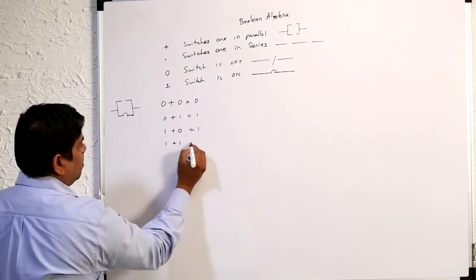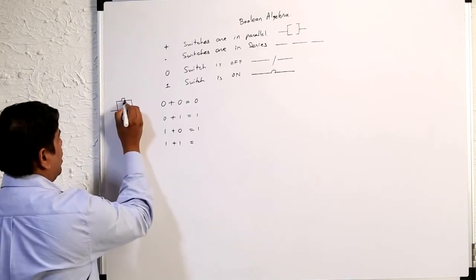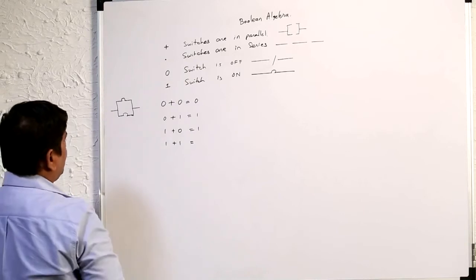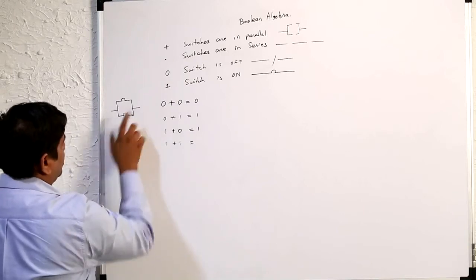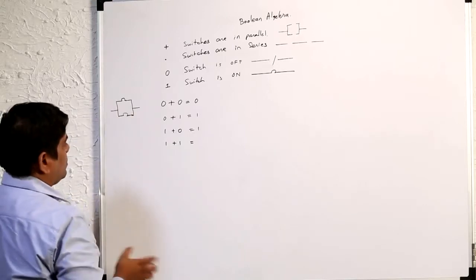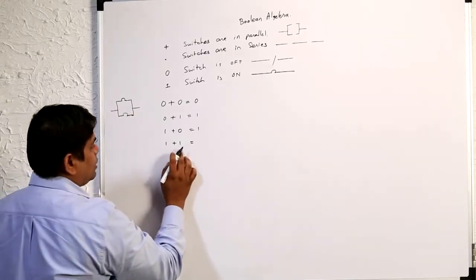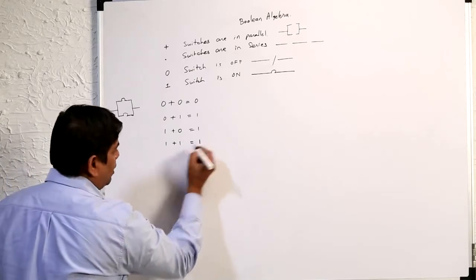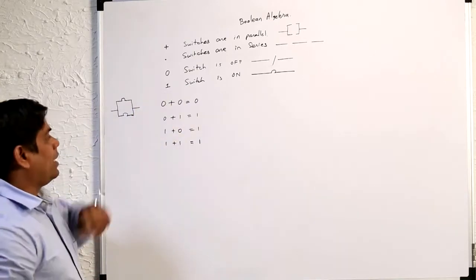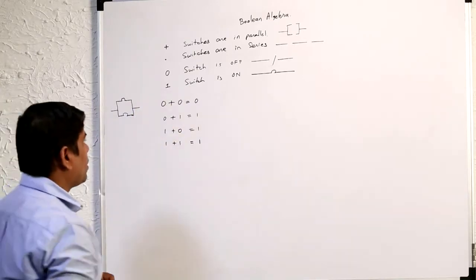And 1 plus 1: suppose we have an on switch connected to an on switch. If you supply current here, it reaches here, because of Kirchhoff's law of current addition. So 1 plus 1 is not 2, it is 1 itself, because current is reaching, and whenever current flows, you write the switch as on.